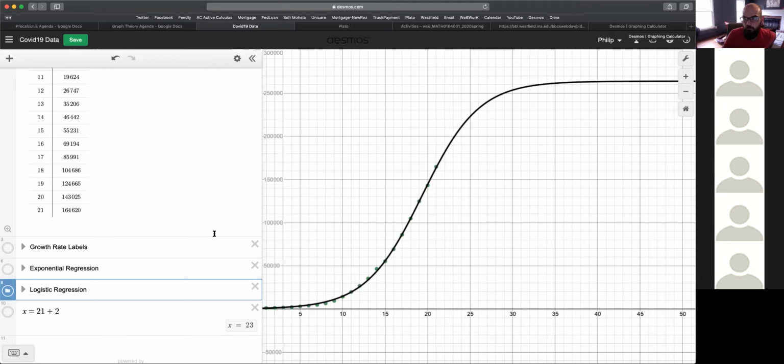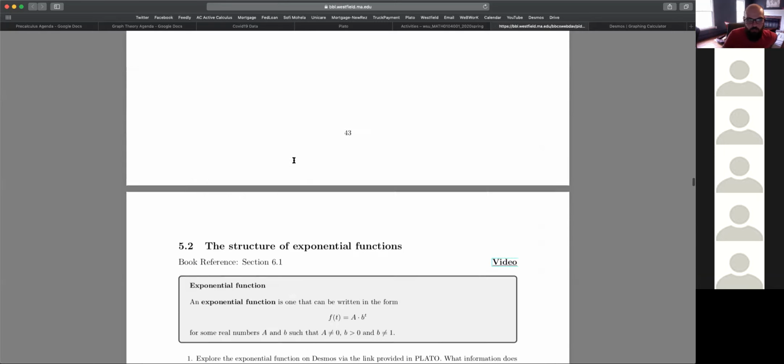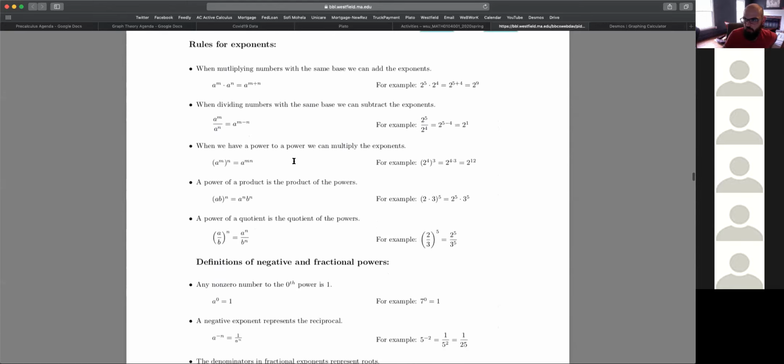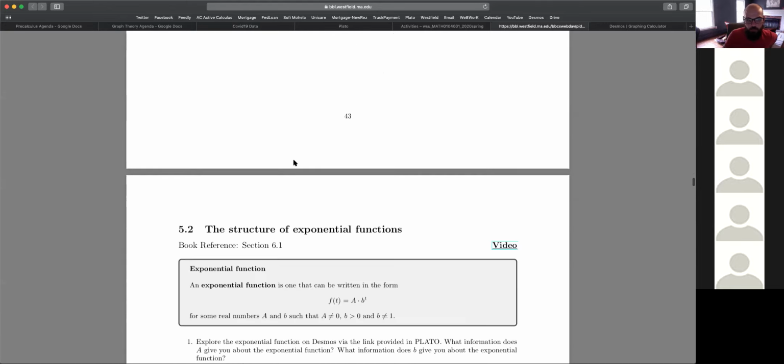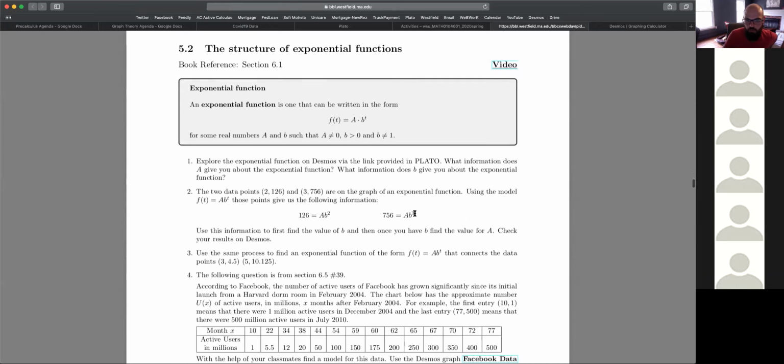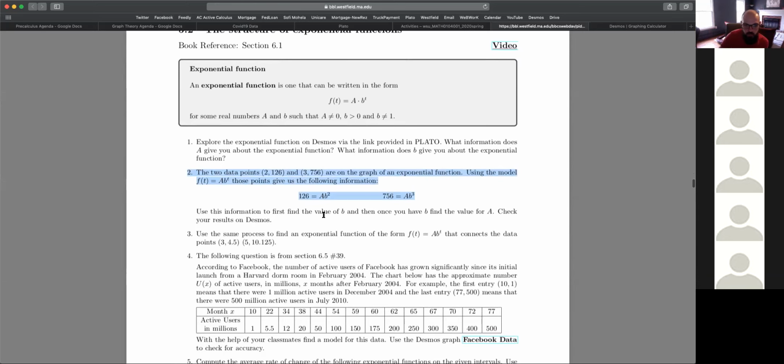So just to recap, and we'll do a little bit more of this on Thursday, we looked at our exponent rules. We practiced those a little bit. And then we're starting to think about exponential functions, right? So how would I actually find an exponential function that goes through some values of data?